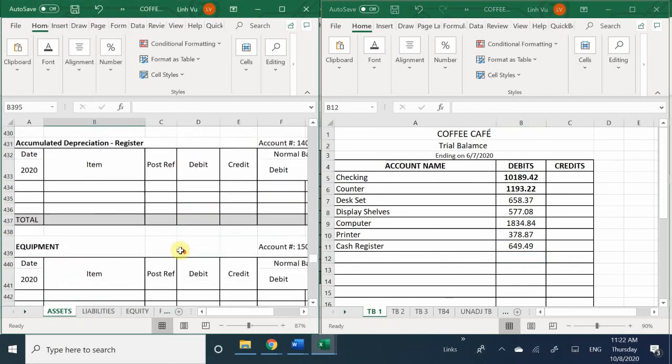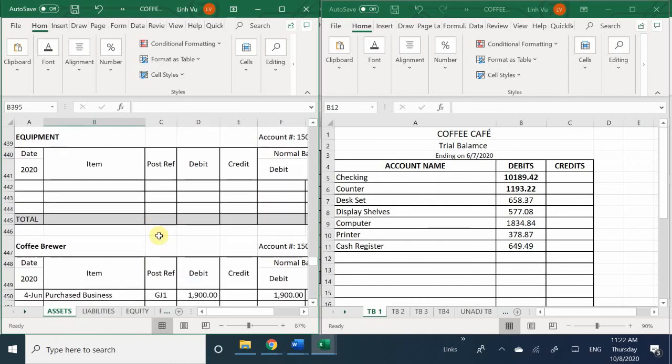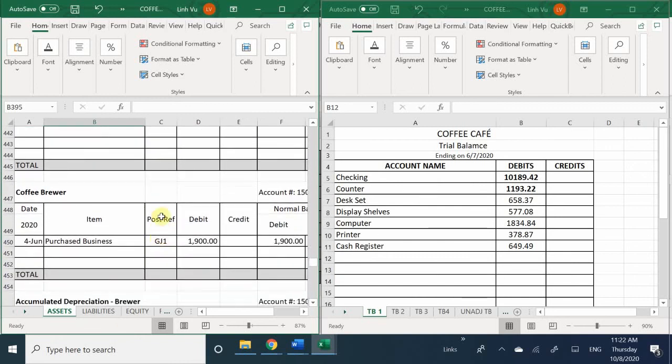All right. Now equipment. Did we get any equipment? We did, as a breakdown. Yes, we did. Did we have a coffee brewer? Yes, we did.